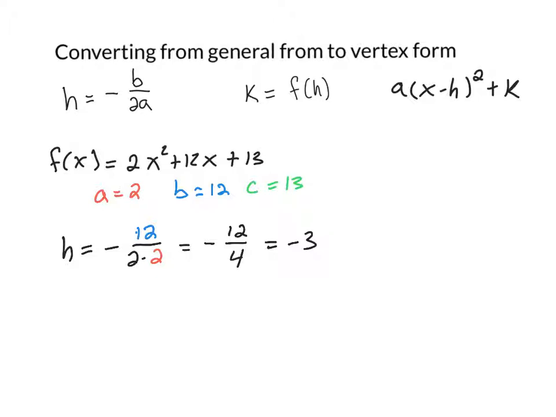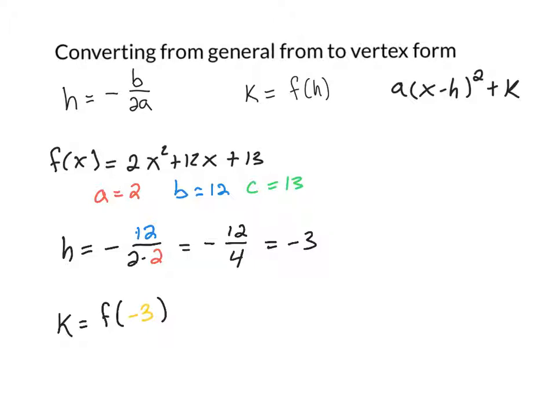So this is pretty good so far. I have my value for h, and now I just need my value for k. k is equal to f of h, and in this case h is equal to negative 3. So I'm going to put negative 3 into my function.